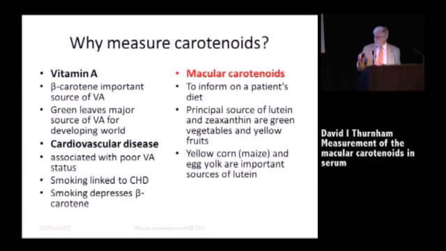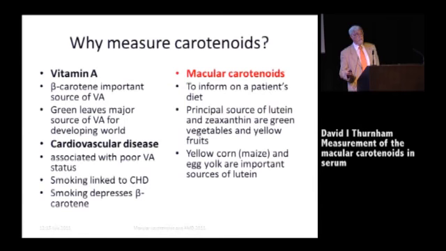Other associations found that smoking was linked to heart disease. Smoking depresses beta-carotene. Prospective studies of people at risk of heart disease or developing heart disease showed that they had low beta-carotene concentrations.